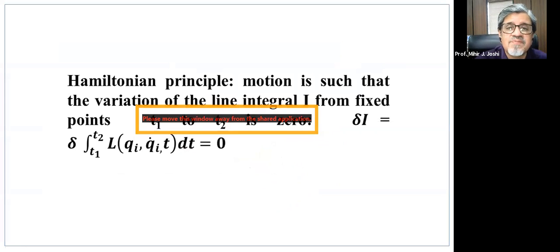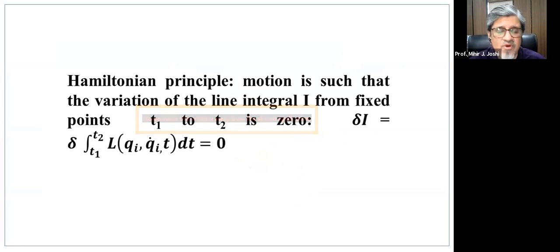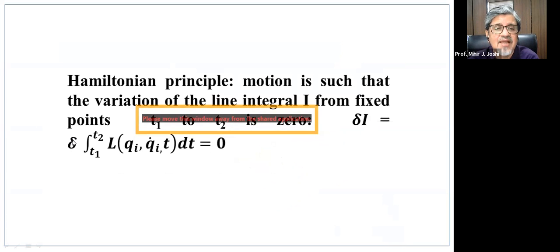Now, Hamilton's principle: the motion is such that the variation of the line integral from one fixed point t1 to t2 is zero. That line integral is delta I, represented as del or delta, of the integral from t1 to t2 of the Lagrangian, which is zero. And again we go back.